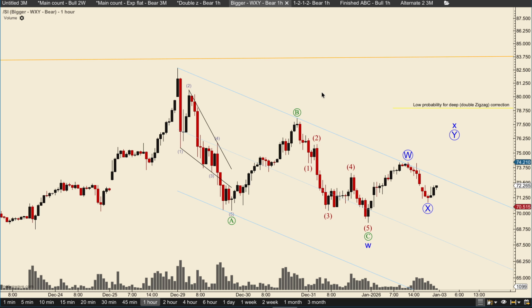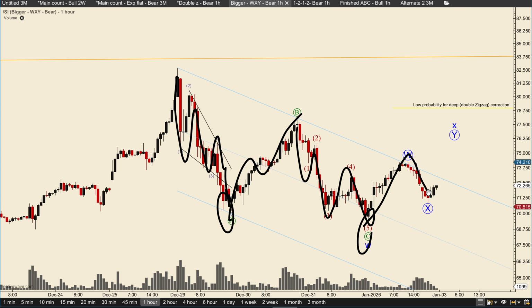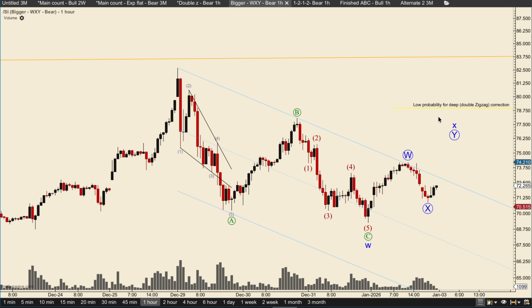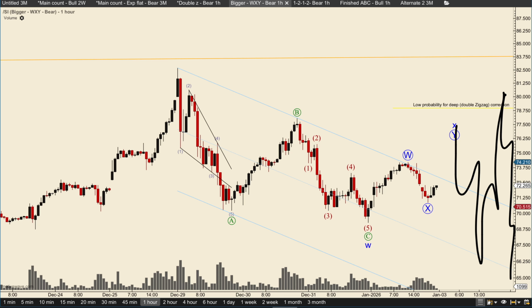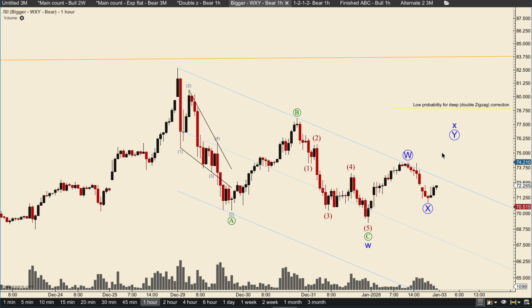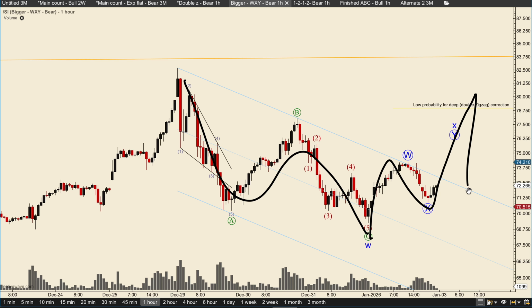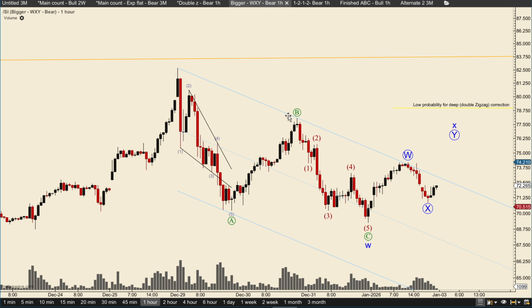So here, this scenario is looking for a leading diagonal A, B, 1, 2, 3, 4, 5, C, W, and then W, X, Y into wave X. And then we have either an expanding flat or a normal, regular flat or a triangle. And if we hit this, then it's a low probability for a deep double zigzag here at 78.9, meaning that it is a lower probability that we go way, way down. So that is something to take into consideration.